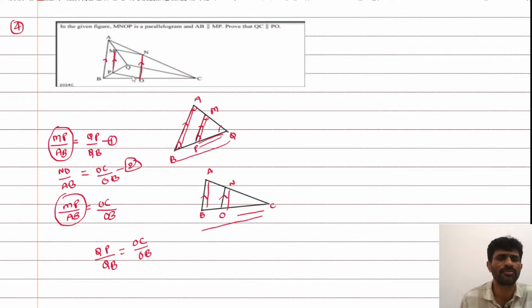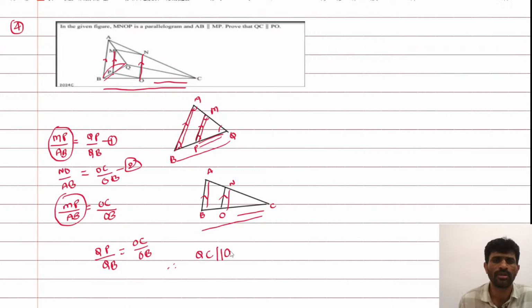Now if you see, QP by QB is equal to OC by OB means what? We can say that QC is parallel to OP. Done. I don't know whether you understood it or not. If we discuss in the class, you will understand better. So in this way we solve this problem.